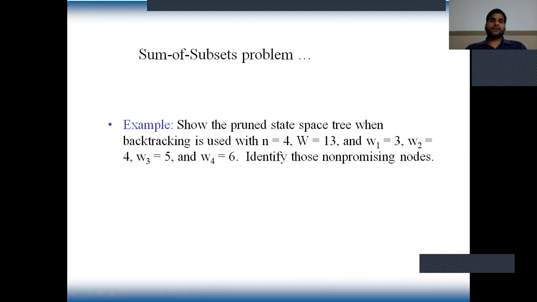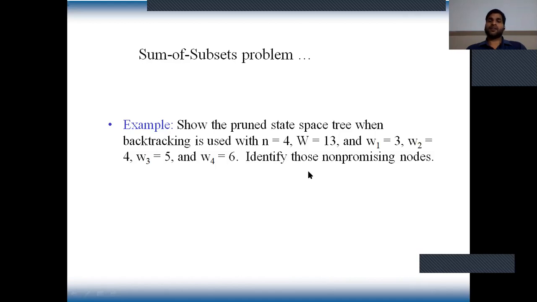Another example of the subset sum problem: the pruned state space tree when backtracking is used, with n equal to 4, knapsack capacity W equal to 13, w1 equal to 3, w2 equal to 4, w3 equal to 5, and w4 equal to 6.